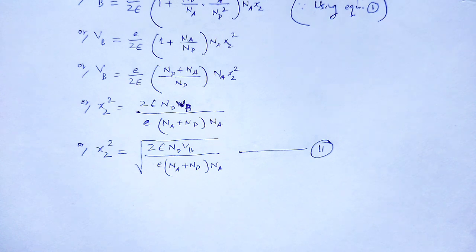Now we can use equation number 10 and 11 in order to calculate the barrier width.